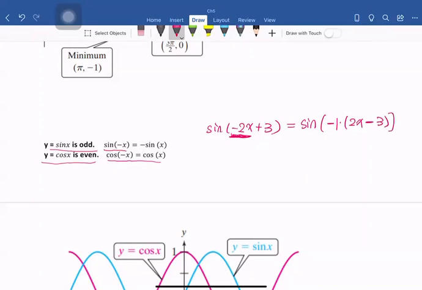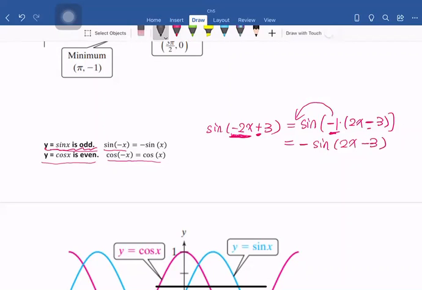Remember, if you pull out the negative sign, you change the sign here. So this is -1. And we know sine is odd. That means I can pull out this negative sign. That means this one equals negative sine of (2x minus 3).